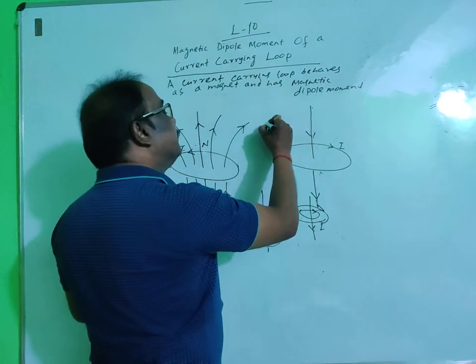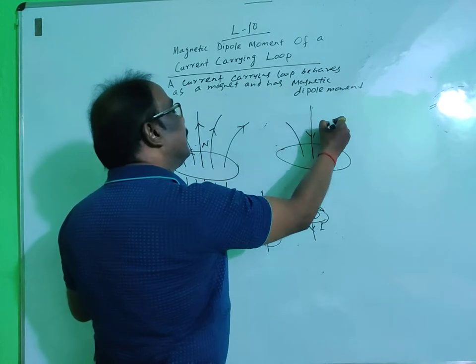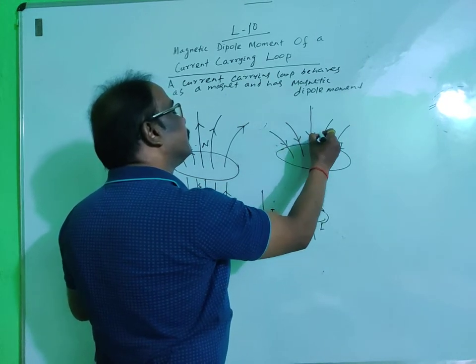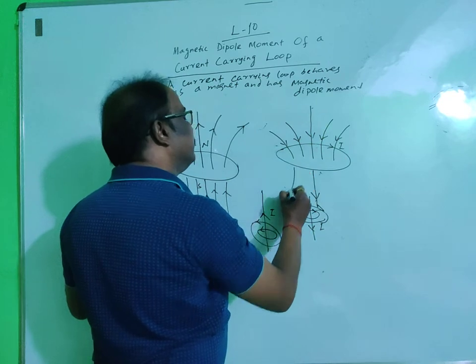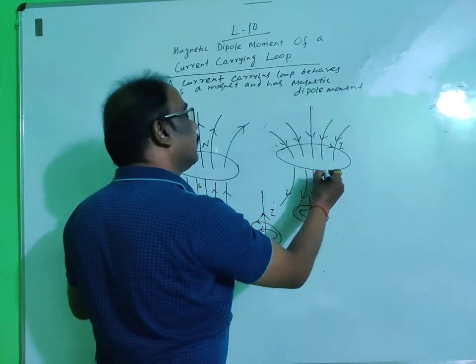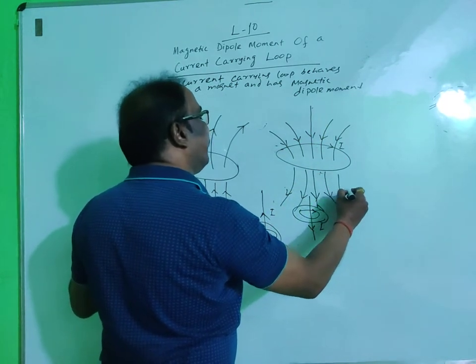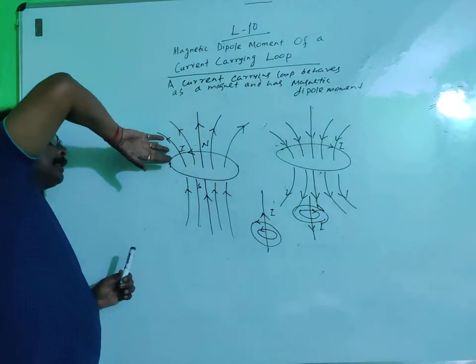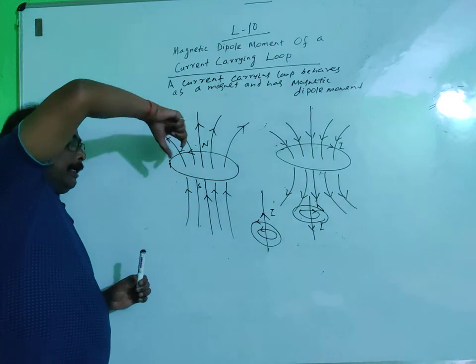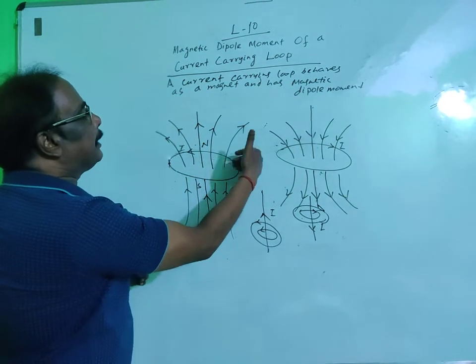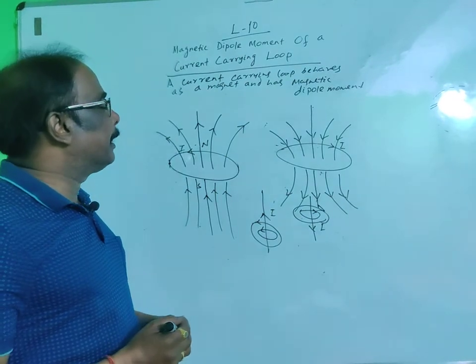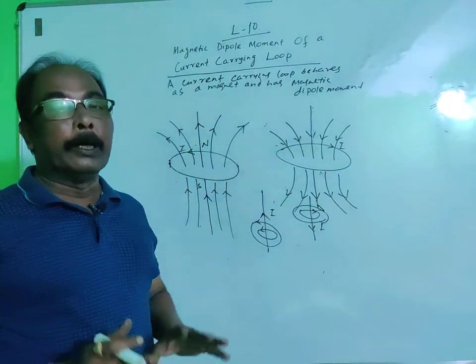Similarly you can represent a number of field lines passing through it. So these are simple representations of the magnetic field of a current carrying loop.